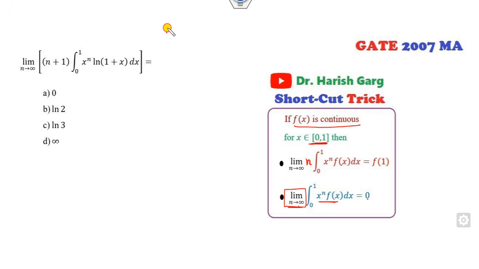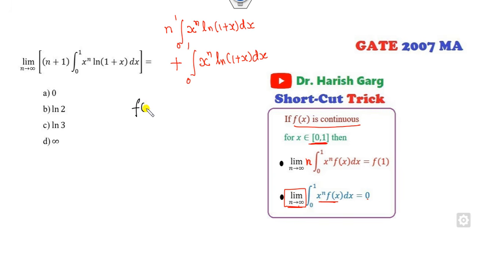So I can look at that. I can open this bracket. I can write this part as the integral of x^n ln of 1 plus x dx plus the integral of x raised to power n over 1 plus x dx.